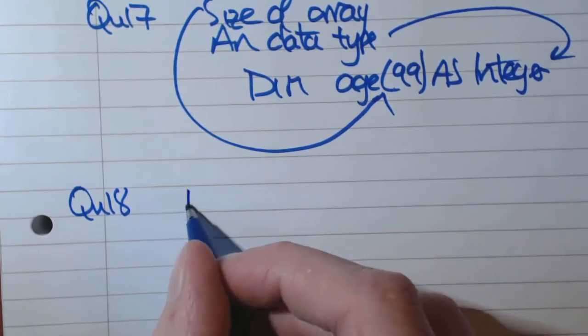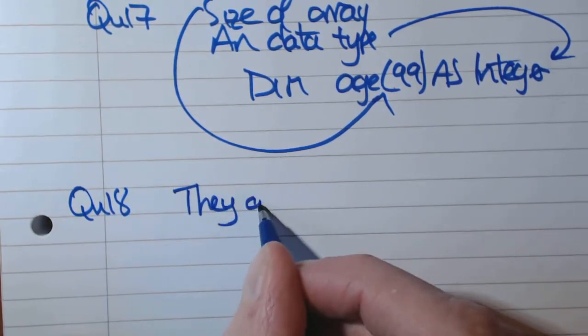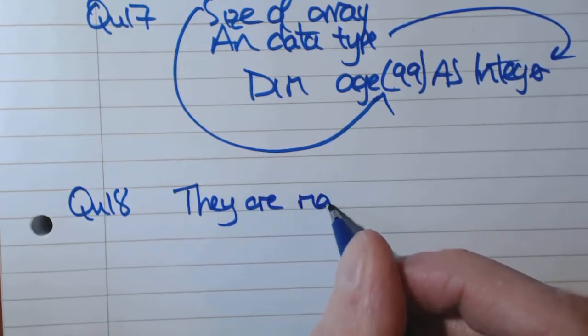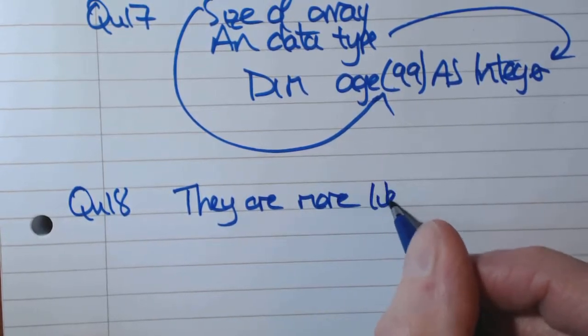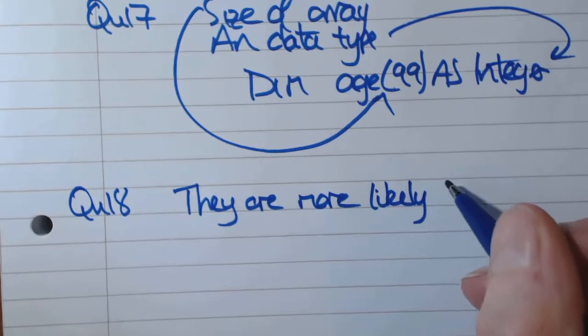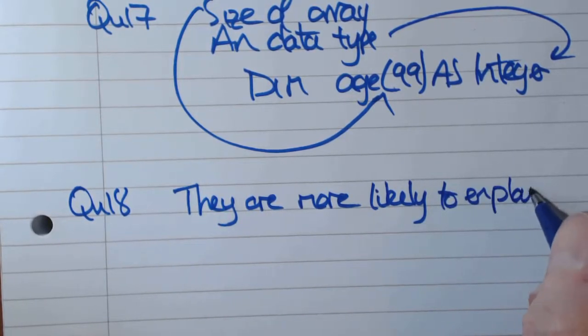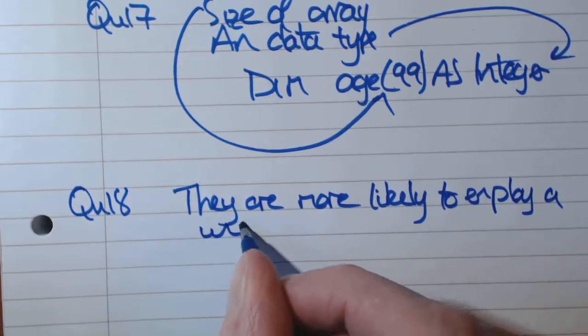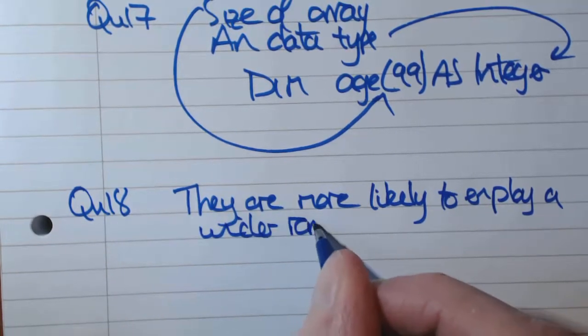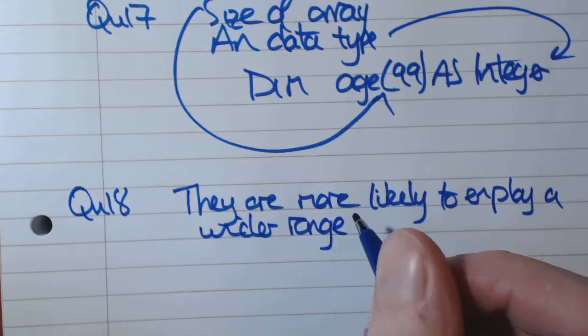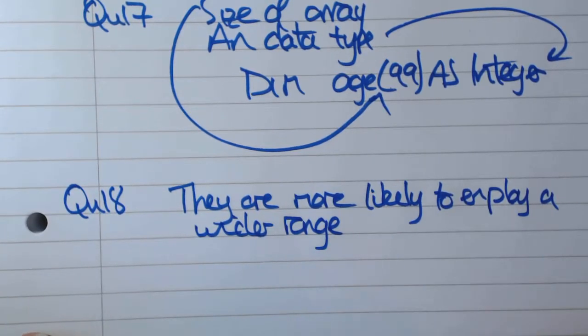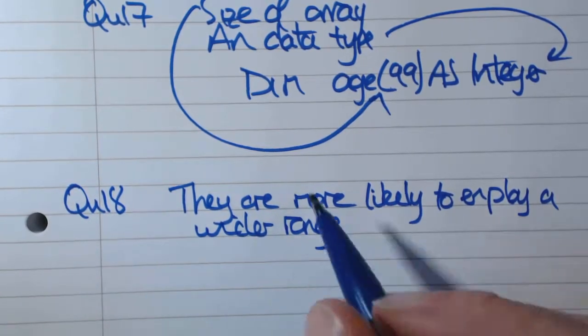Well, basically, they are more likely to employ a wider range of testing. Okay, so this is their professional job, so they've even got tools and other pieces of software to test the software.